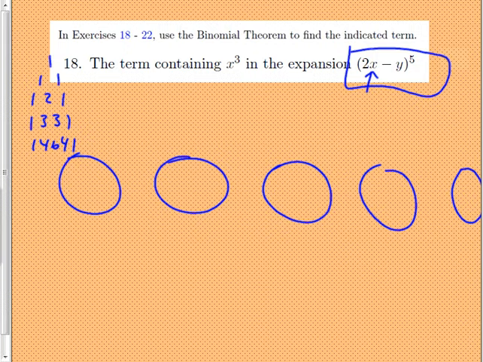And is that the right one? Nope. Got to go one more. What is it? 1, 5, 10, 5, 1. Right? 2 tens? You're right, 2 tens. There we go. So then the lead coefficients are 1, 5, 10, 10, 5, and 1.